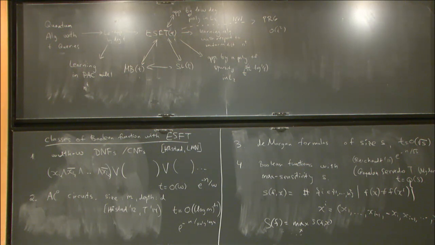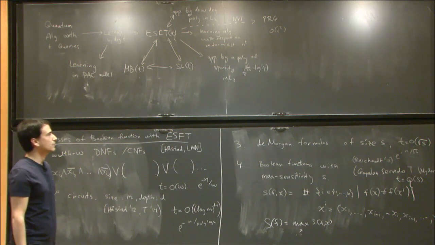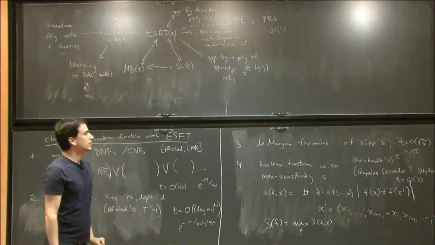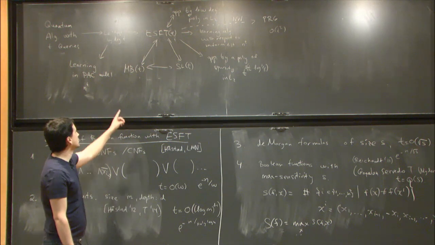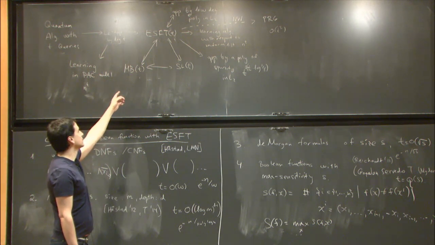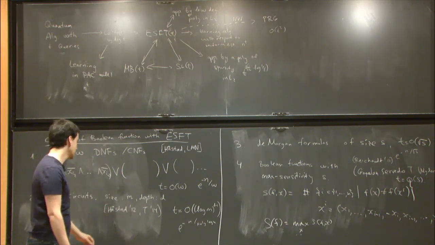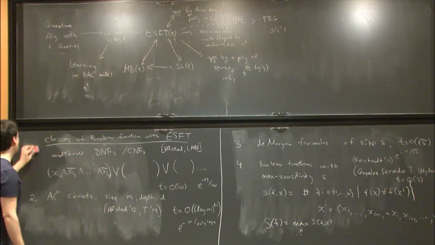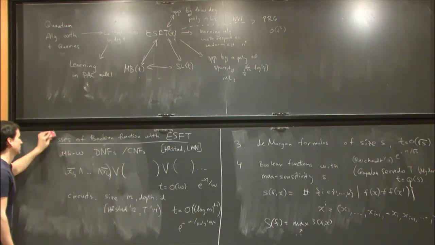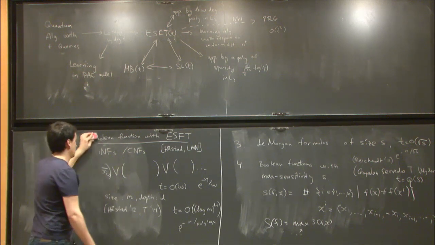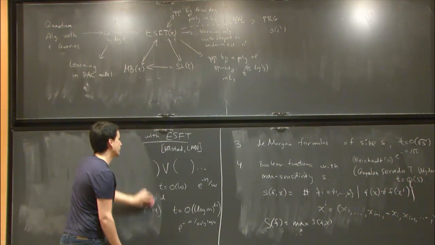Although I think there is a recent proof which uses more classical techniques of Impagliazzo and Cabanets. Okay, so now I want to tell you what these MBT and SLT, the moment bounds and switching lemma properties, are, and tell you a little bit why they are equivalent to the exponentially small Fourier tails.